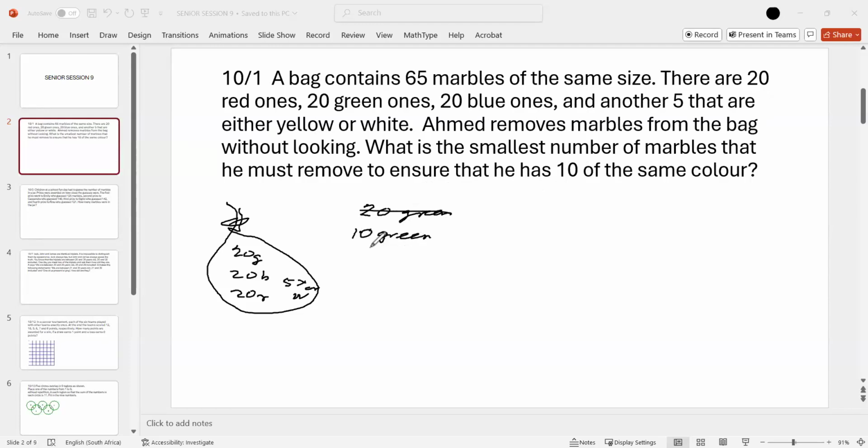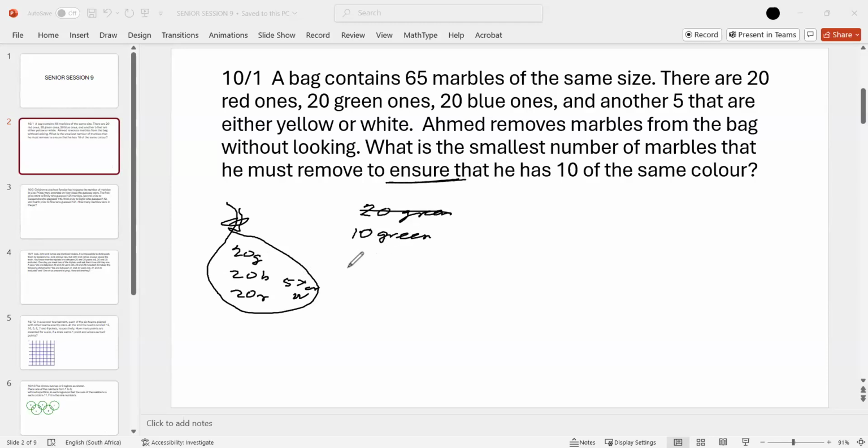But this is a very special case. He need not remove 10 greens. He can remove any of these marbles. He's going to remove marbles without looking, and he can remove any number. Because you need to ensure, you see.